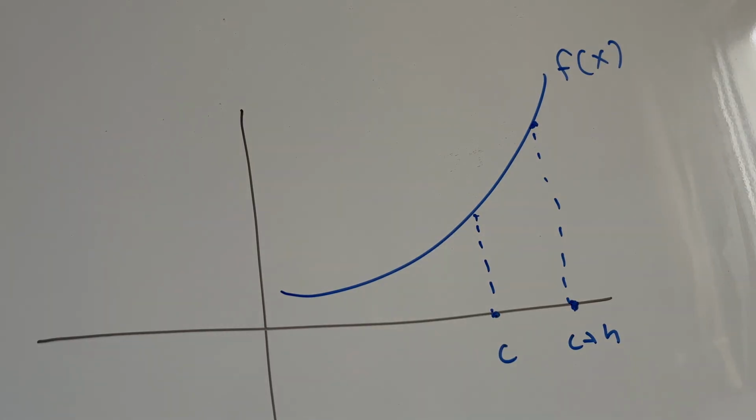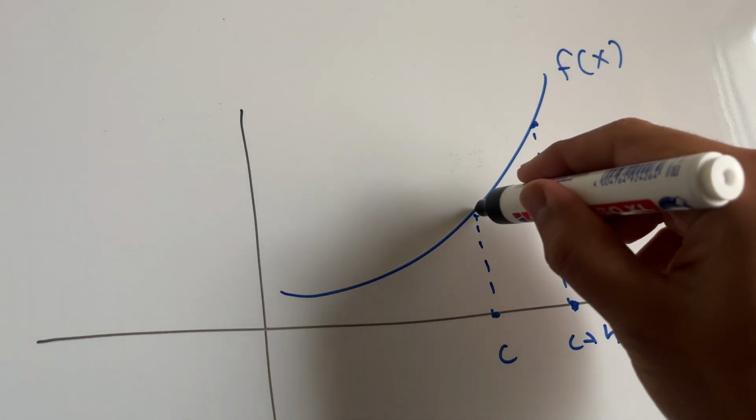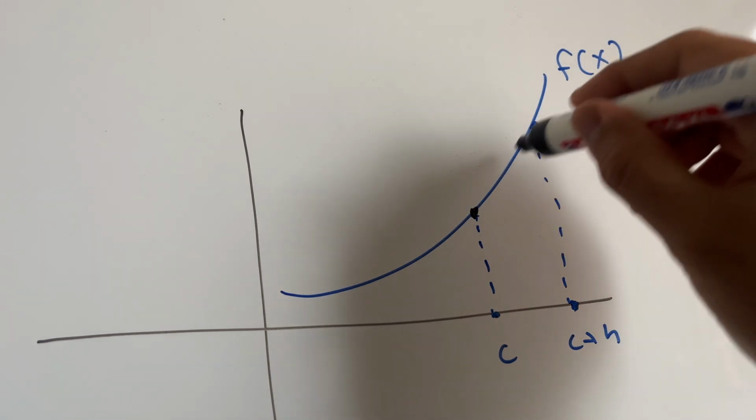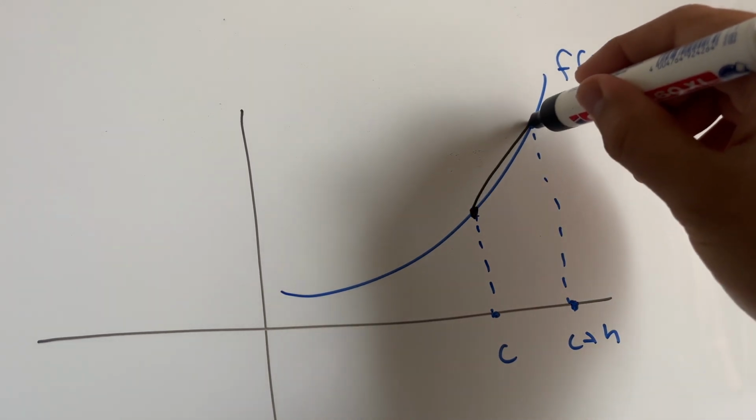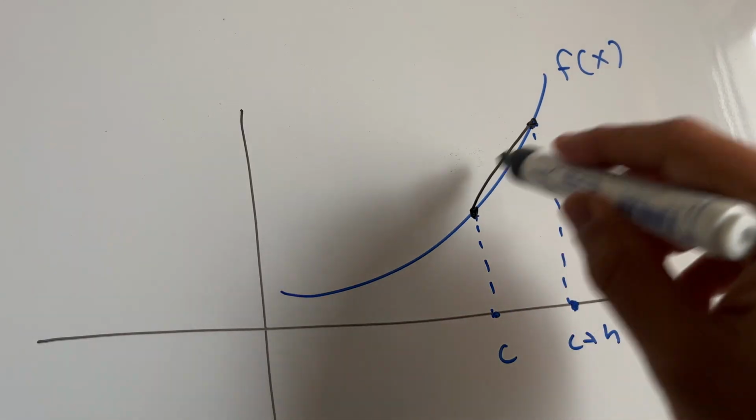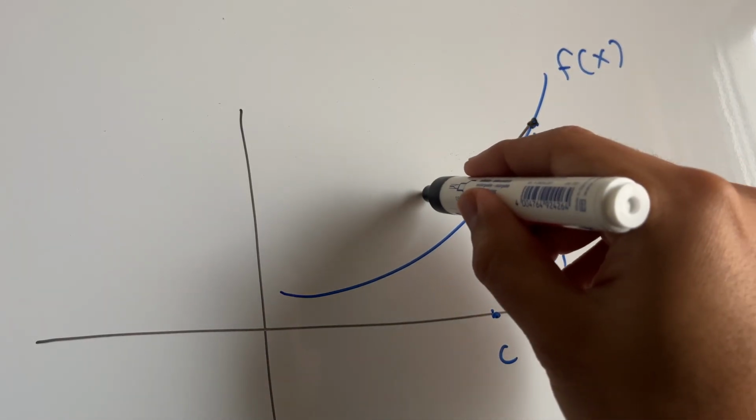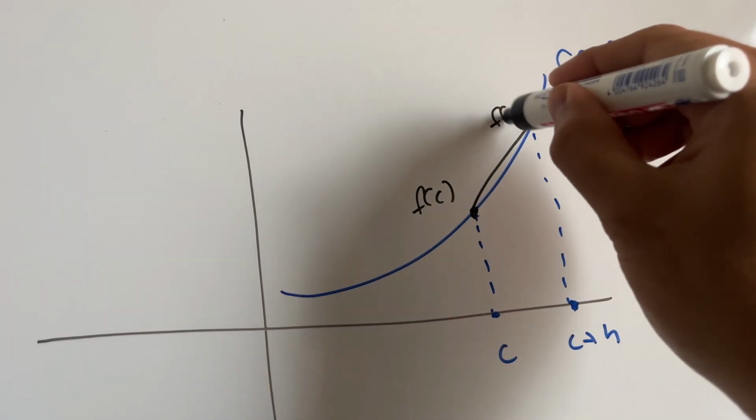If I want to know how fast the function f is moving around the point c, I can consider the line joining these two points, f of c and f of c plus h.